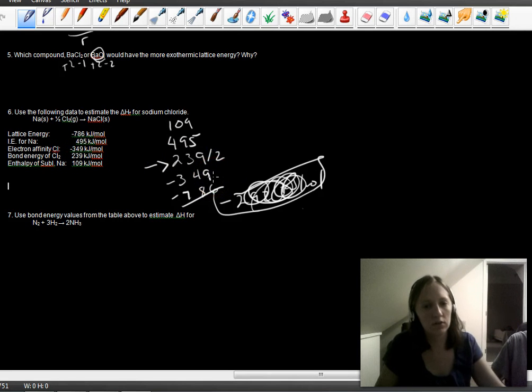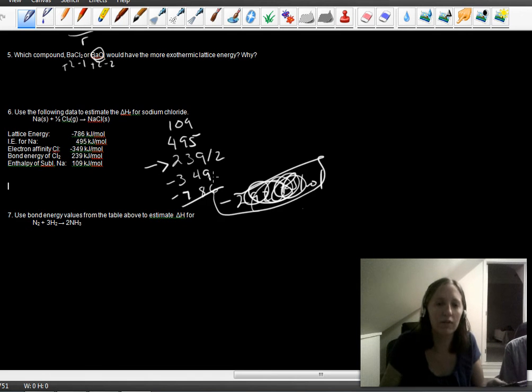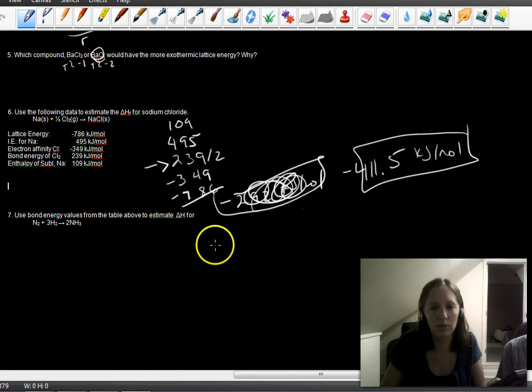So 109 plus 495 plus 239 over 2 plus negative 349 plus negative 786 is negative 411.5 kilojoules per mole. It's not a great box.